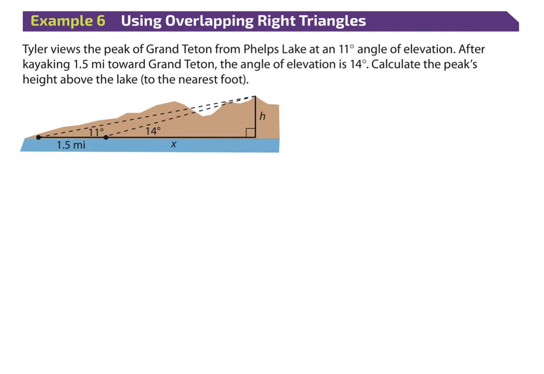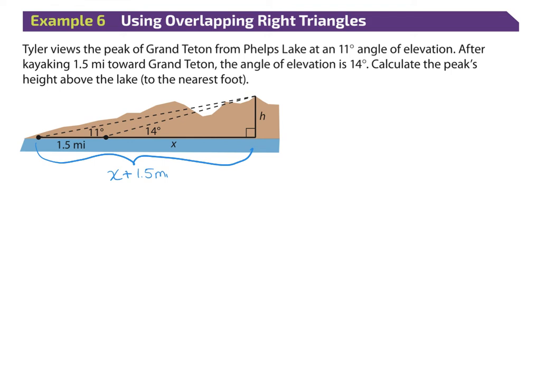So when they said he kayaked, it's from his starting point here. So his total distance here is going to be the distance that he ends up being plus that 1.5 miles, right? So we basically have two triangles that are created here. The first one we're going to say is this 11 degrees.